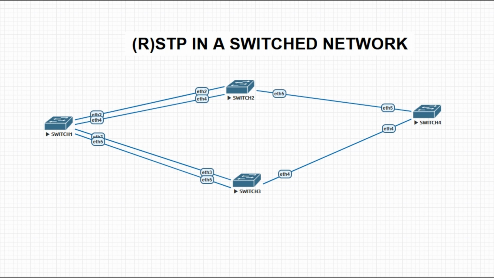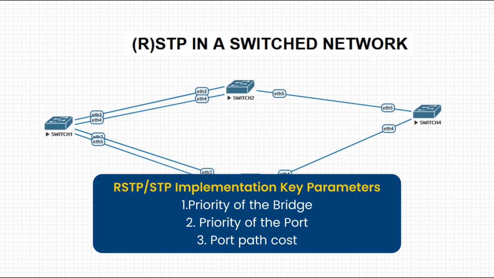So we'll be using MikroTik devices, and by default RSTP is enabled on MikroTik. Three parameters that you also need to familiarize yourself with when you are deploying RSTP in a layer 2 network are as follows: the priority of the bridge, the priority of the port, and the port path cost.